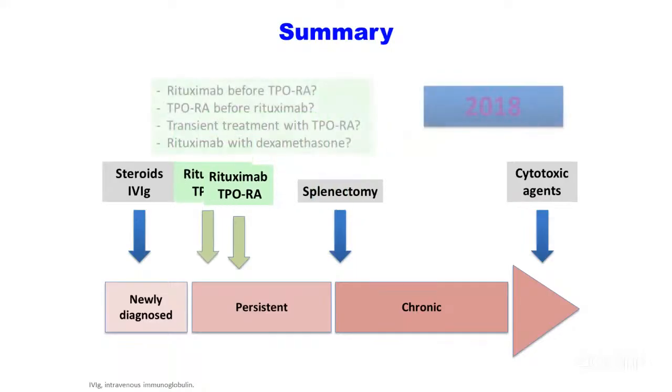Now, in 2018, you'll find that rituximab can be placed before the splenectomy. I'll show you that the incidence of splenectomy has reduced over a period of time because of the introduction of rituximab and eltrombopag for the treatment of ITP.